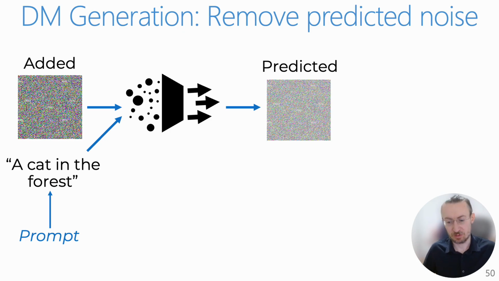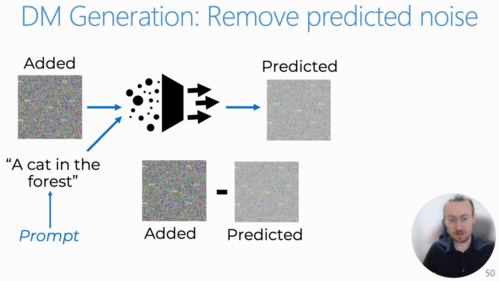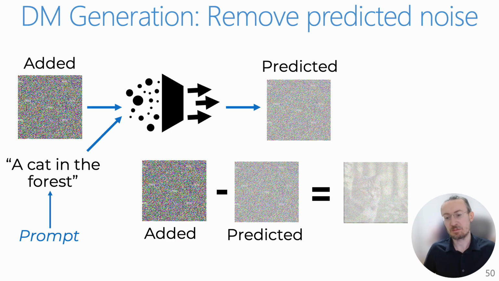And then the diffusion model predicts some form of noise. Then we compare the added and predicted noise. We subtract the predicted noise from the added noise, and we have the first step of denoising. Here we already see in this blurred image that there are some pixels that would probably represent this cat in the forest.